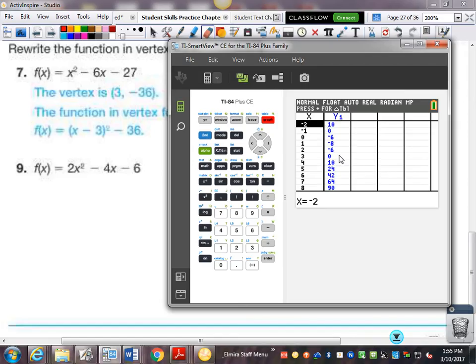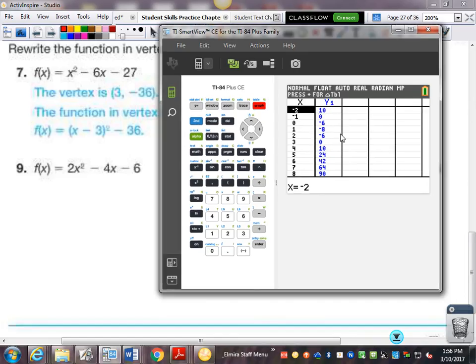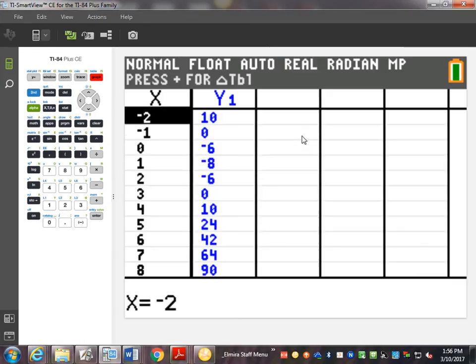Okay, so vertex in a table, just in case we haven't gone over it before, is usually that highest number or lowest number in the y column, but it's very critical that you hear me on this: the numbers above and below the vertex, that highest or lowest number, have to be symmetrical.